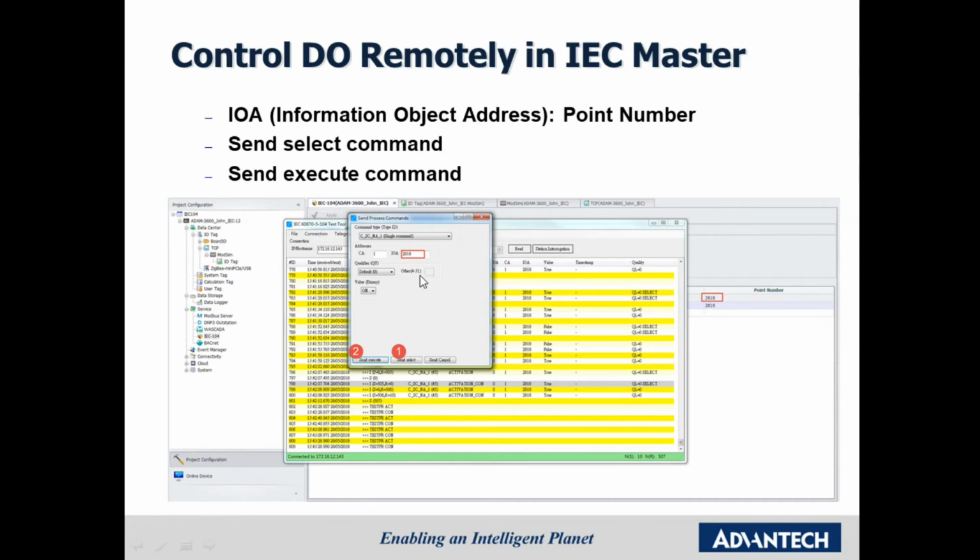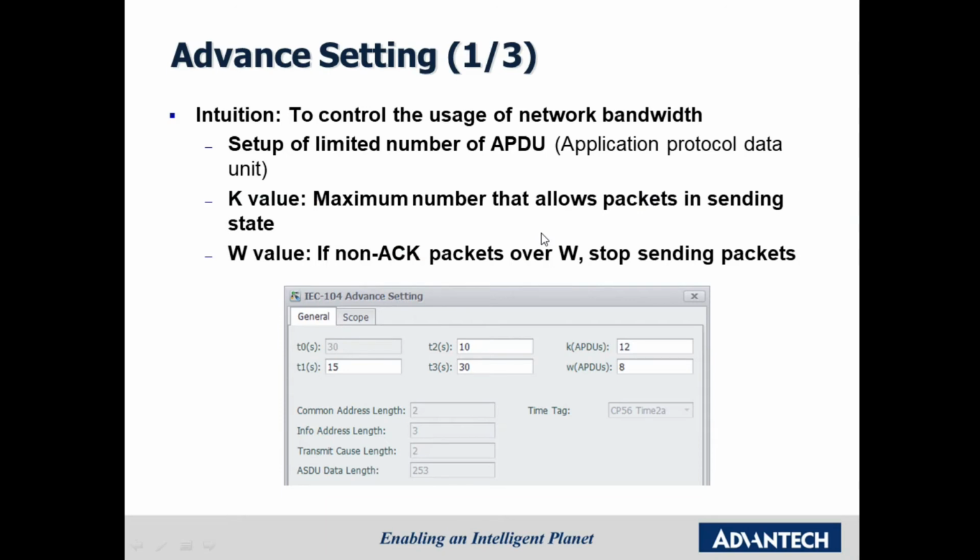Then you key it in this tool, select command, and then also send execute command. It will get the response of the required point number. That way you can control the DO command remotely.